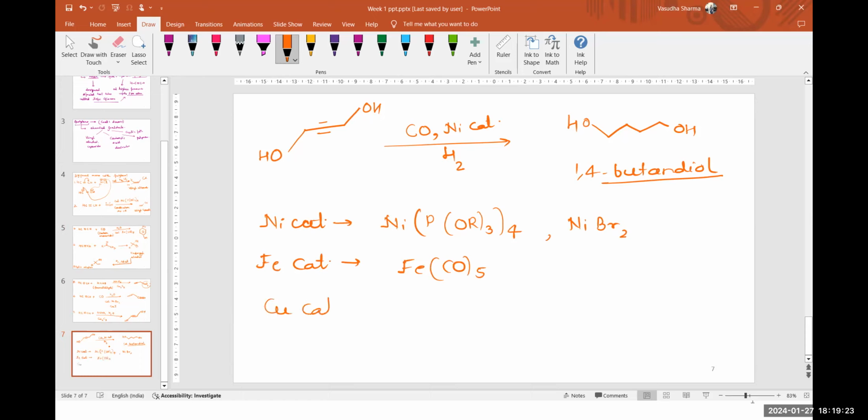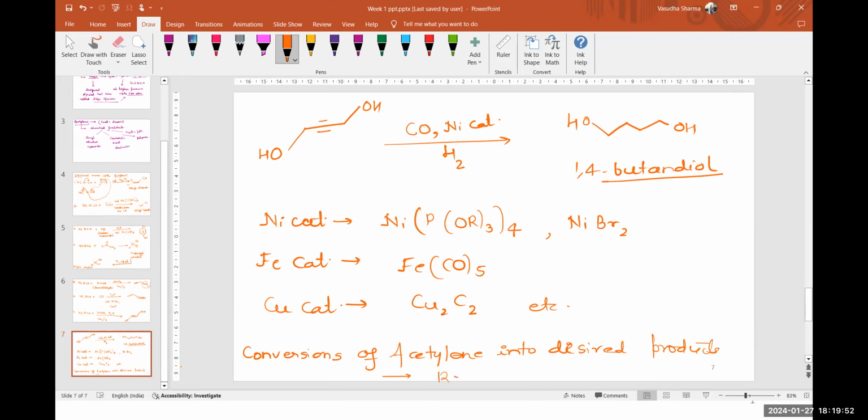We have used a copper catalyst as copper carbide, etc. So what it symbolizes is that in such conversions of acetylene into desired products, which are different chemicals required in different fields, there is a role of 3d transition metals.